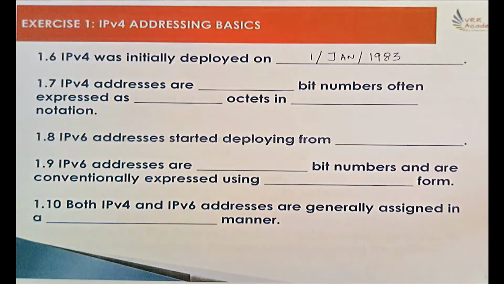Then the next question is: IPv4 addresses are dash bit numbers often expressed as dash octets in dash notation. This is a very important question, a basic thing. What is the notation we are using for IPv4?